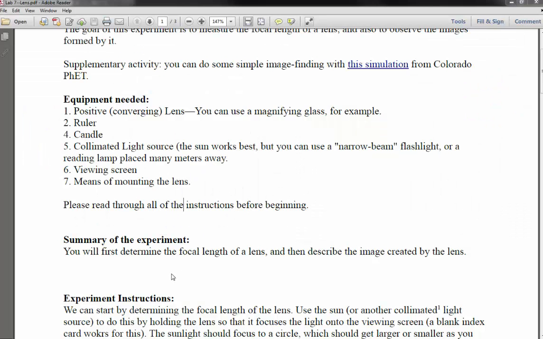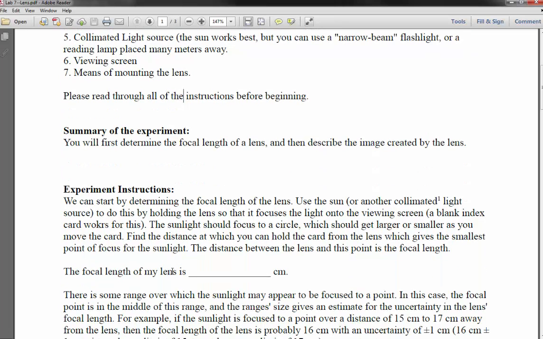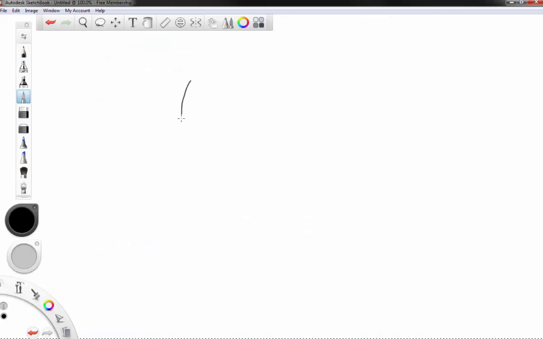So let's look at the experiment itself. There are three basic ways that we're going to be measuring the focal length of your lens. So you're basically looking to figure out how long is the focal length of the lens. So let's go ahead and draw a rough diagram of what this focal length looks like.